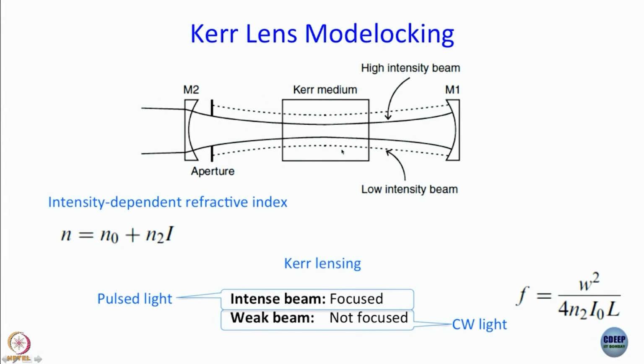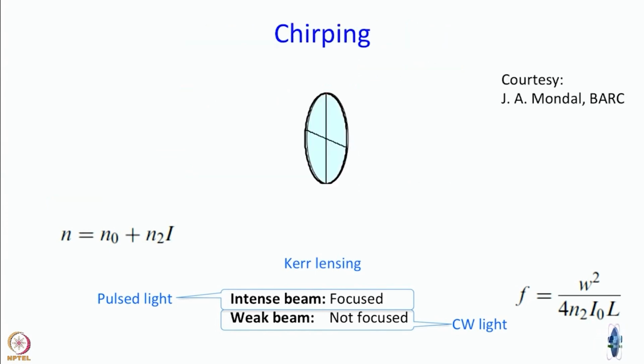Remember, the terminal mirrors are never plane mirrors, they are always curved mirrors. So, in fact, that aperture is not even required. You can get pulsed operation without the aperture also. Okay. So, this is called Kerr lens mode locking.